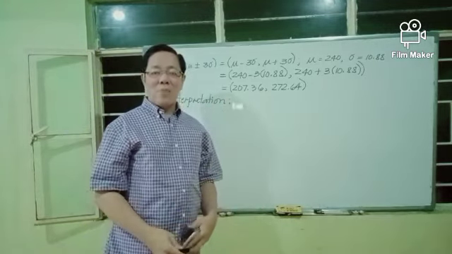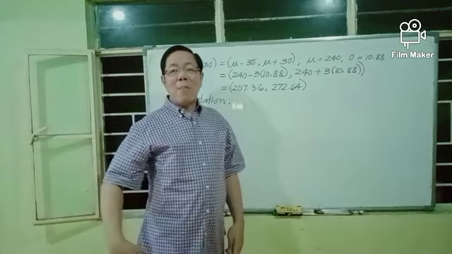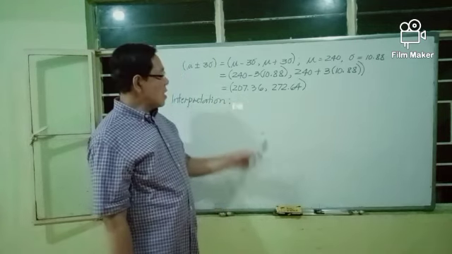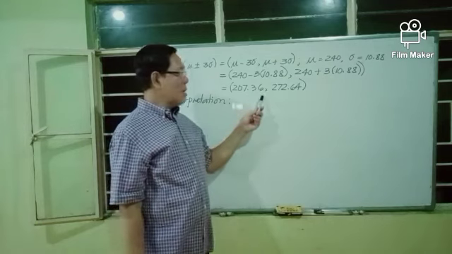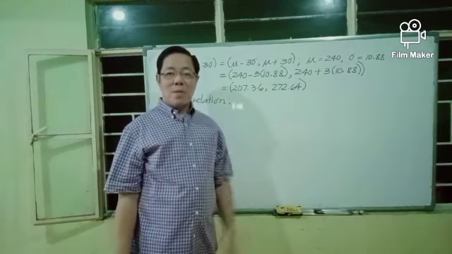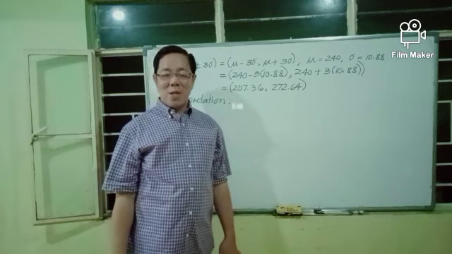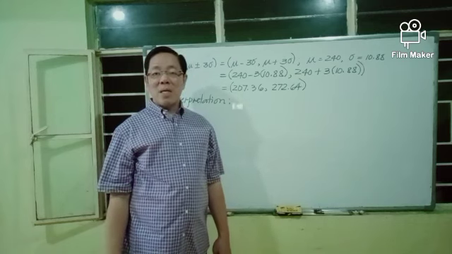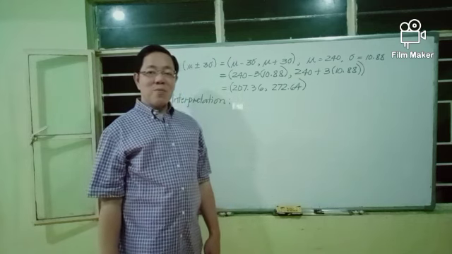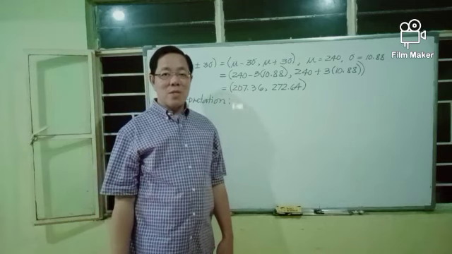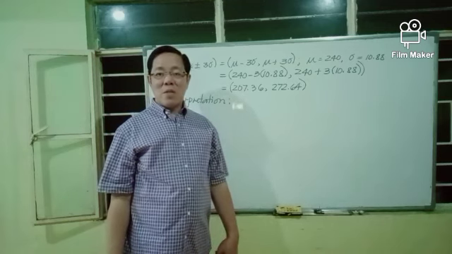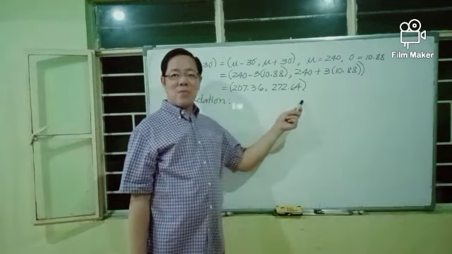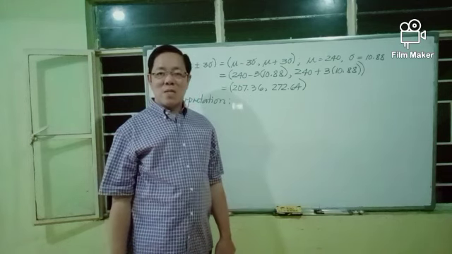Hence, from the sample of 800 consumers, the number of consumers who favor the manufacturer's product would lie between 207.36 and 272.64 with a probability of 8 over 9 or 88.89% by Chebyshev's theorem. By the empirical rule, the probability that the number of consumers from 800 who favor the manufacturer's product would lie between 207.36 and 272.64 is almost 100%.